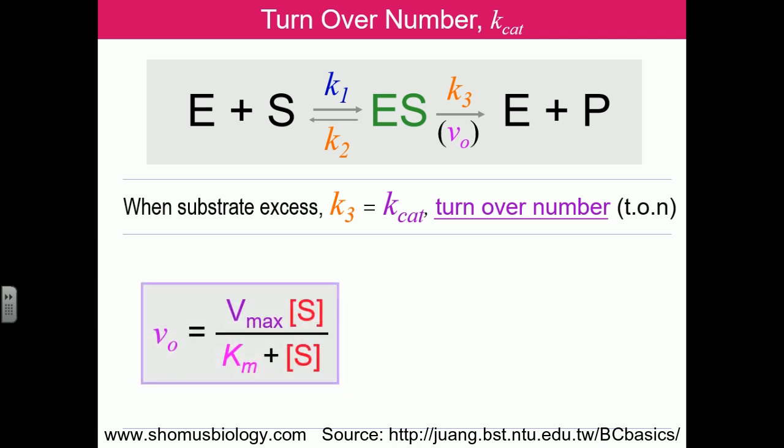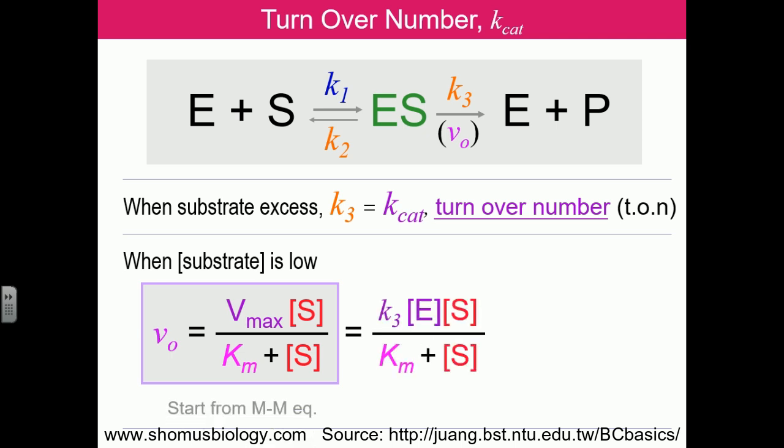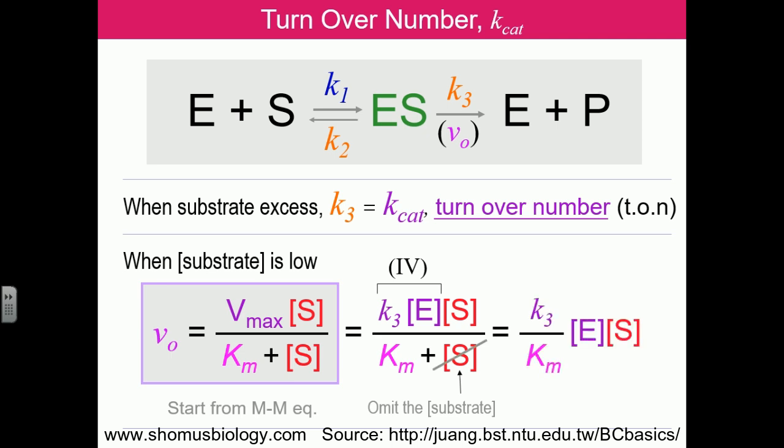But when the substrate concentration is relatively low, in those cases, if you look at the Michaelis-Menten equation again, the Vmax that can be achieved here is K3 times the enzyme concentration, and it provides us the value for the catalytic activity, and that becomes K3 by Km.